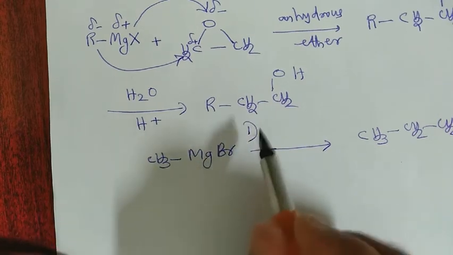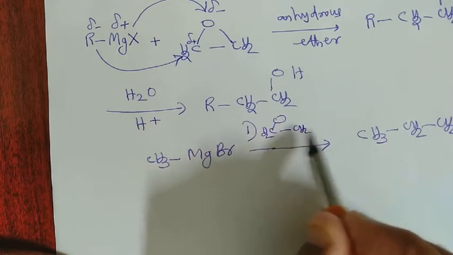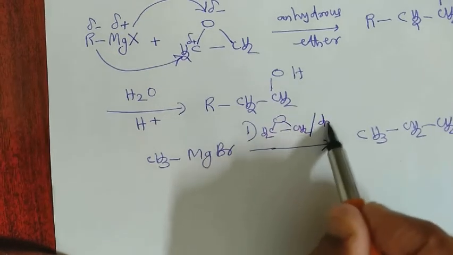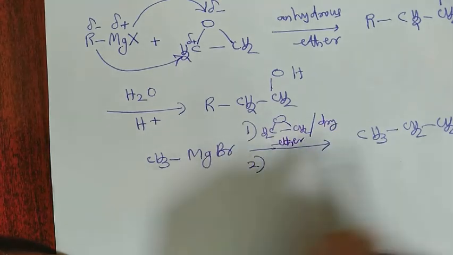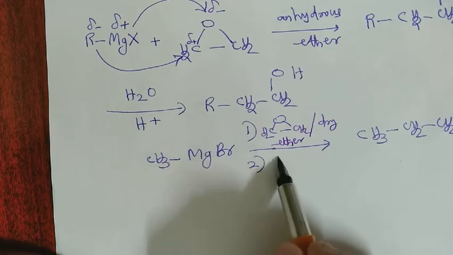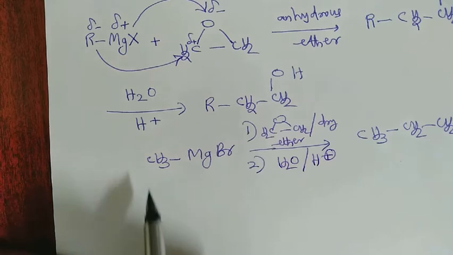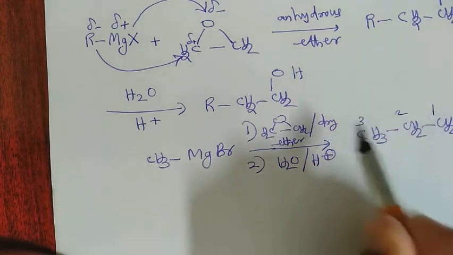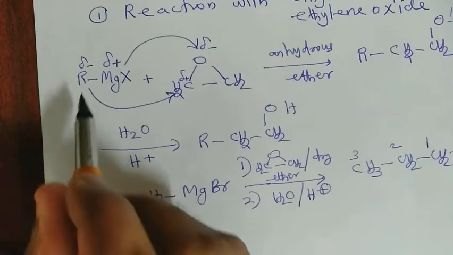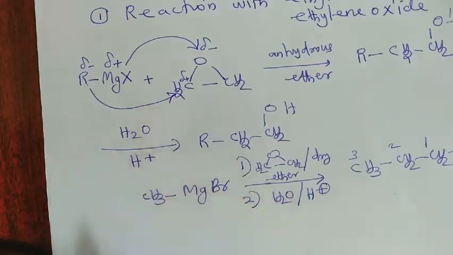First of all, methyl magnesium bromide is treated with ethylene epoxide in dry ether medium, and the addition product is then subjected to hydrolysis in acid medium. So the product is 1-propanol. That is, in the general equation, R is equal to the CH3 group.